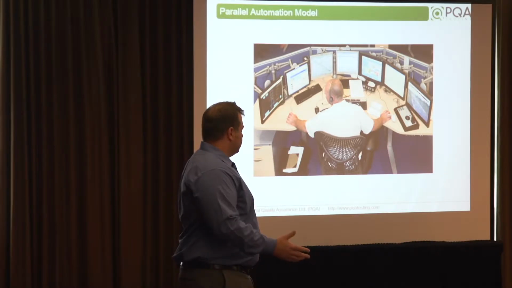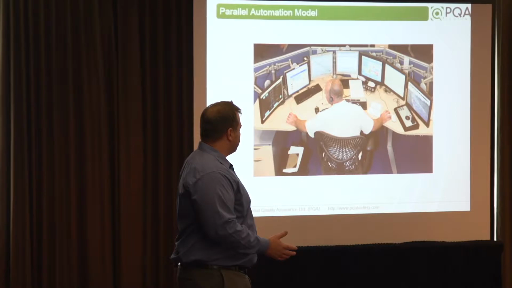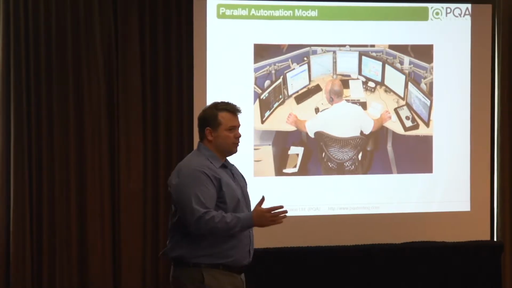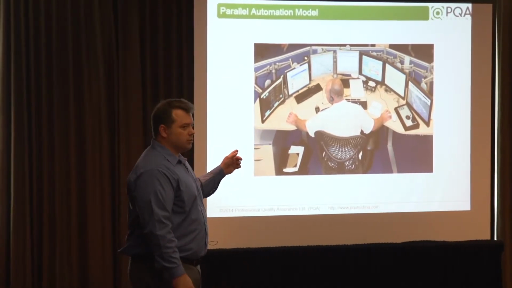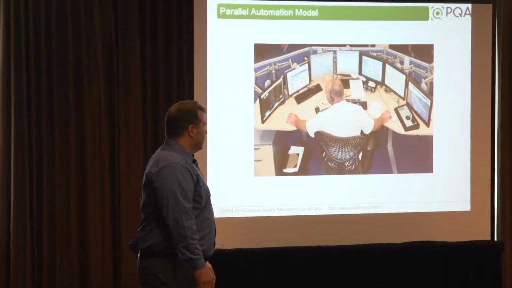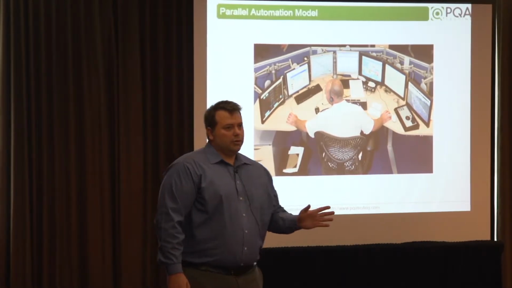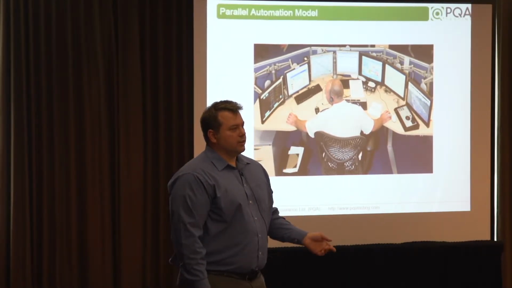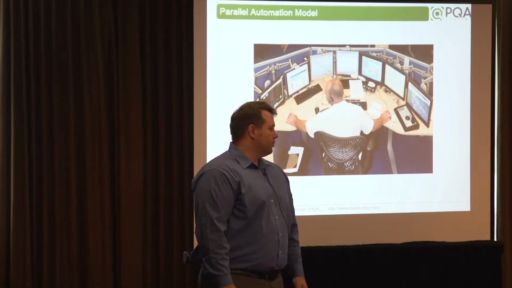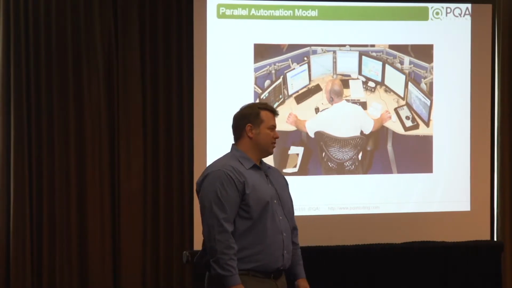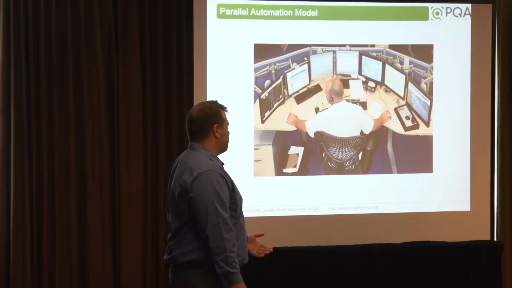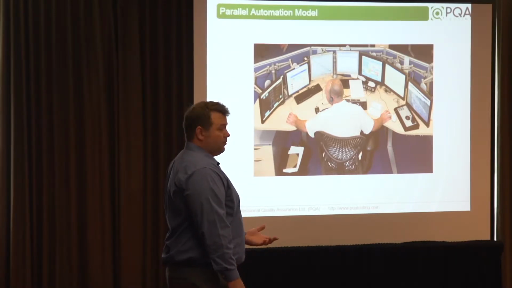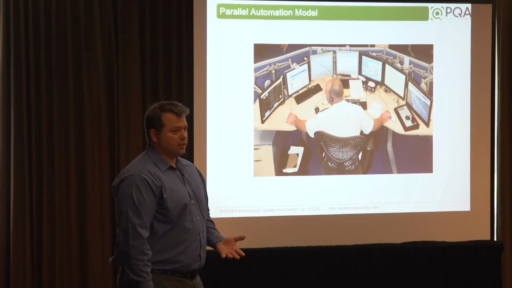This guy's using 2 mice, it looks like 4 keyboards, 7 monitors, and I don't know if you in the back can tell, but he has a headset on, so he may also be talking to someone. I don't know how many of you in the room try to work like this. I've probably done it before. Sometimes it feels good, but it's easy to make mistakes like this. And it's easy to fail at something when you're trying to do many things at once.